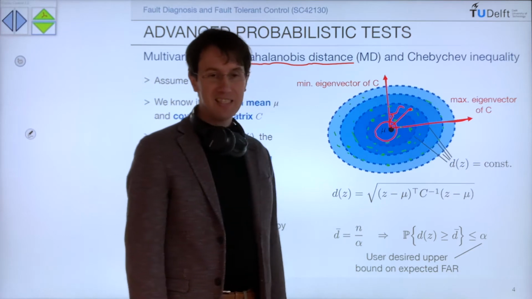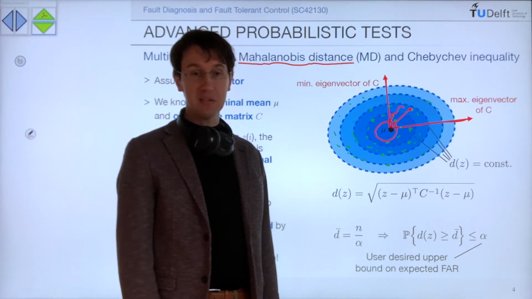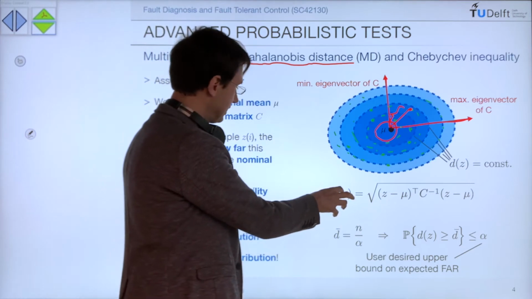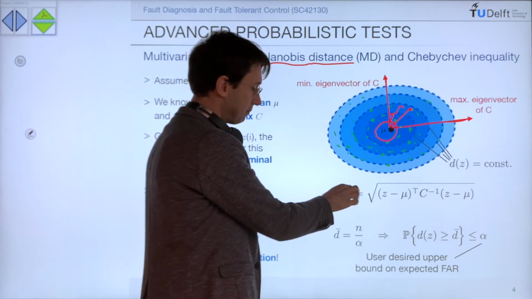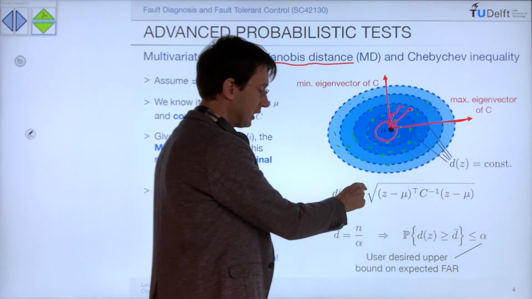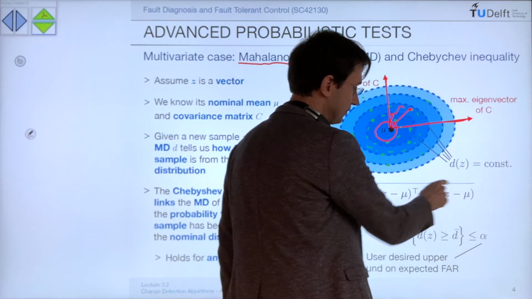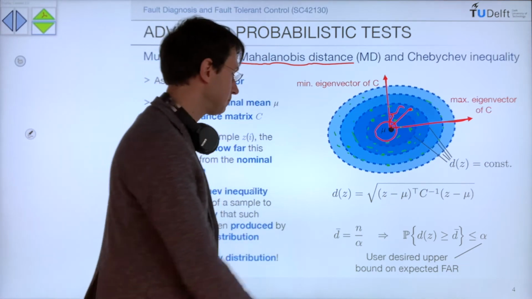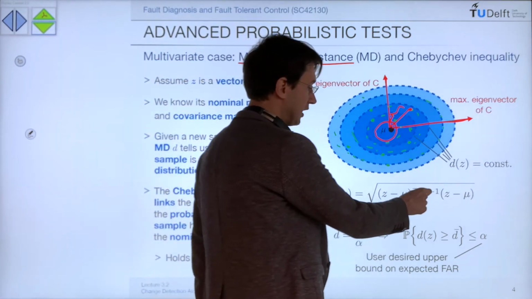And indeed, the Mahalanobis distance is doing this. How? The Mahalanobis distance of z, d of z, is computing the square root, as in a Euclidean distance, of this quadratic form.